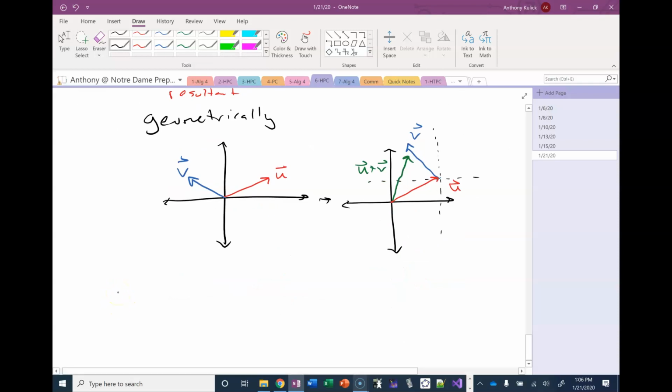Next up is the first kind of vector multiplication we're going to see. It's called scalar multiplication.